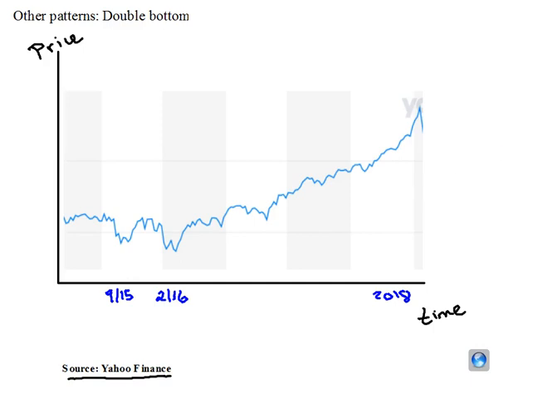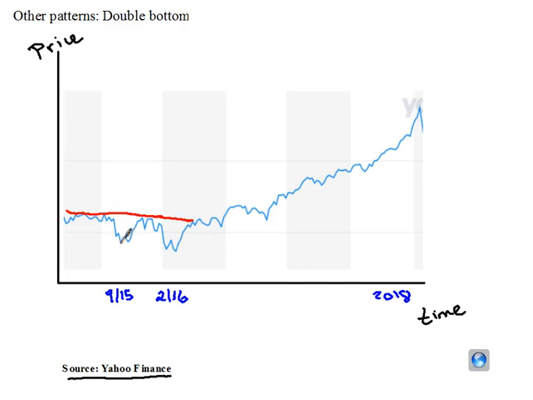Now, here's what a double bottom looks like, and it's exactly what it sounds like. A double bottom is when the market comes down, hits a bottom, rallies back up to the previous high, but then the rally stalls, and the market comes back down again and hits a double bottom. So we had some stock market level right here, and we're going along at that level.